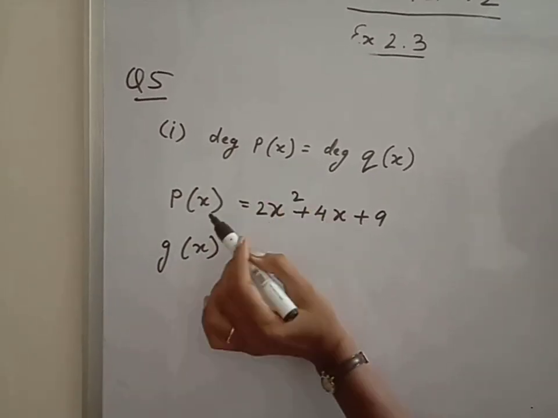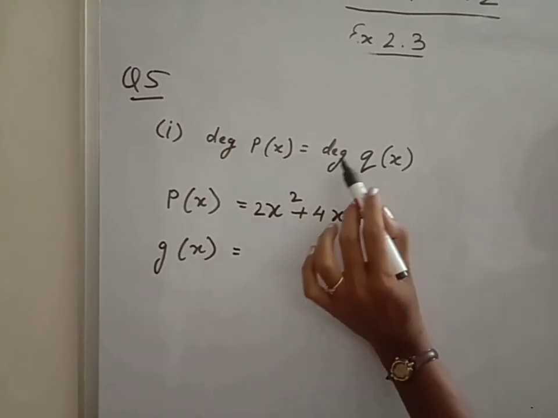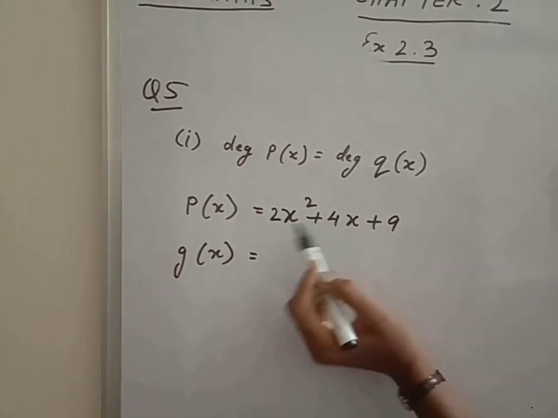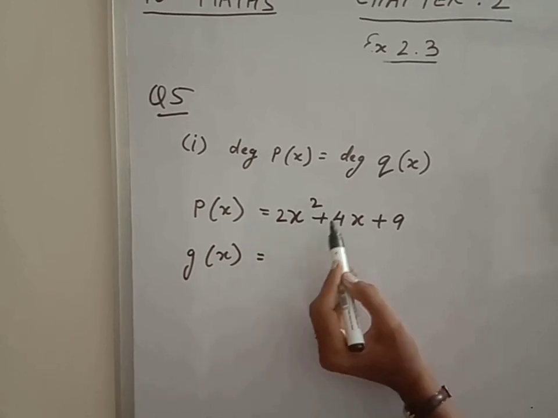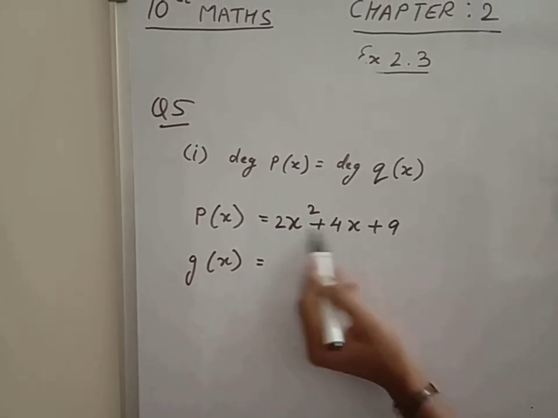Question number 5. First, choose p(x) such that the degree of p(x) is equal to the degree of q(x). So we are free to choose any polynomial, so let's choose a simple one: 2x square plus 4x plus 9. You are free to take any.